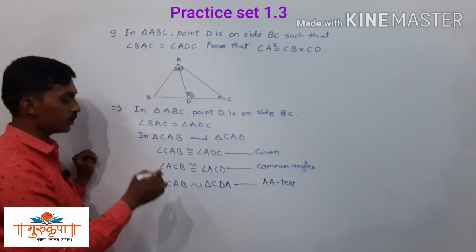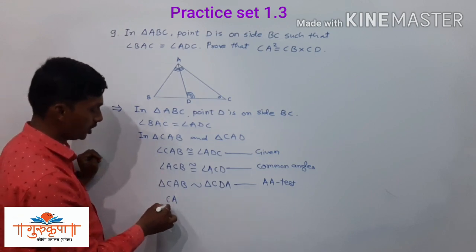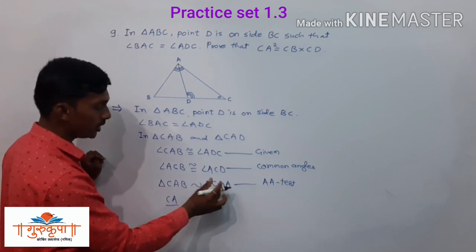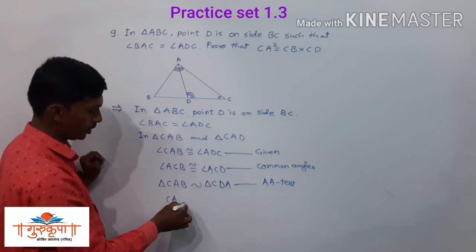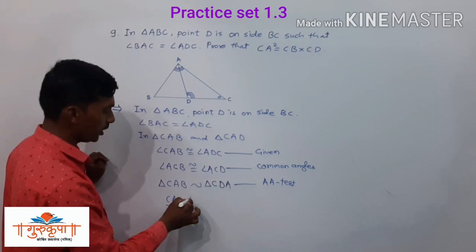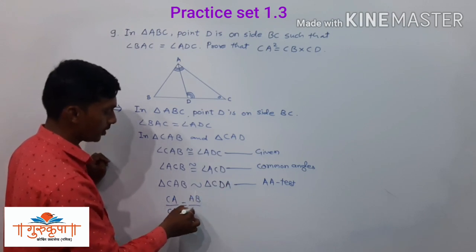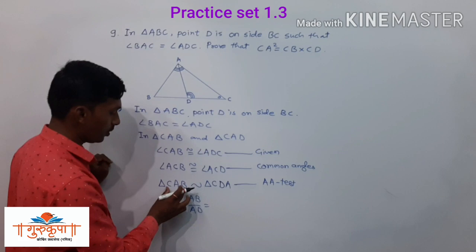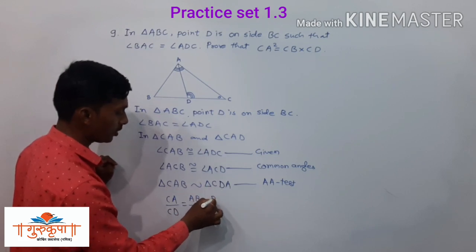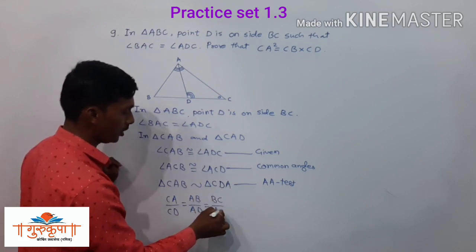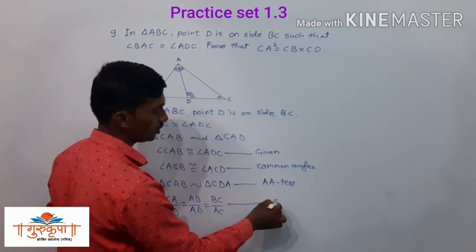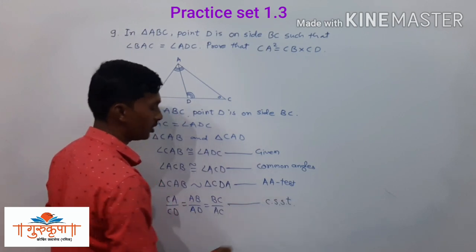Now put their corresponding sides in proportion. This is CA upon CD, it is equal to AB upon AD, it is equal to BC upon AC. And the reason behind it is corresponding sides of the similar triangles.